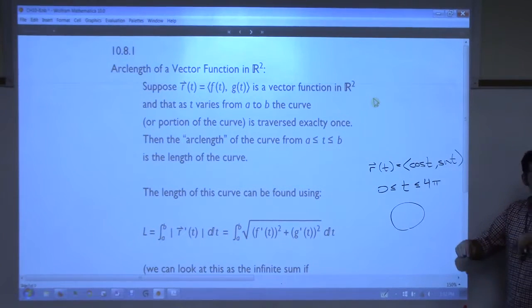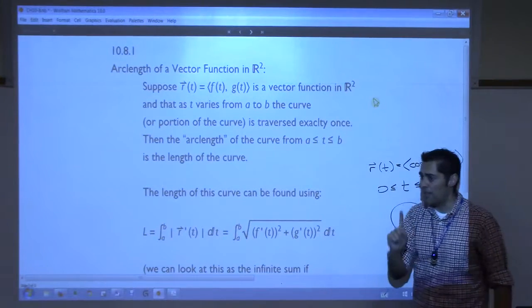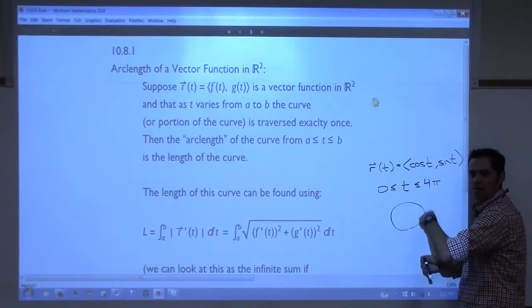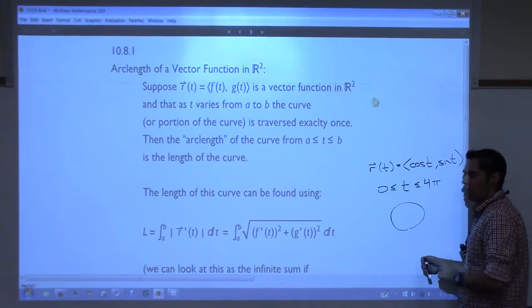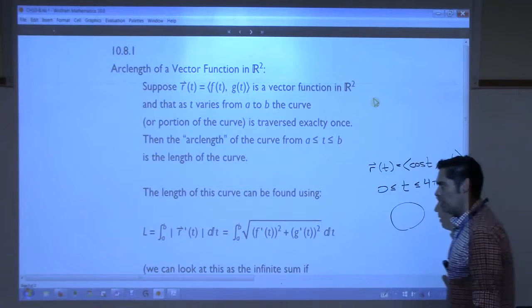That means I've traversed the same path twice. This formula will only work if you're traversing that path once. Got it? It's not going to account for the fact that you've gone over yourself. The formula will mess up. So we want to be careful that what we're drawing is never overlapping itself.